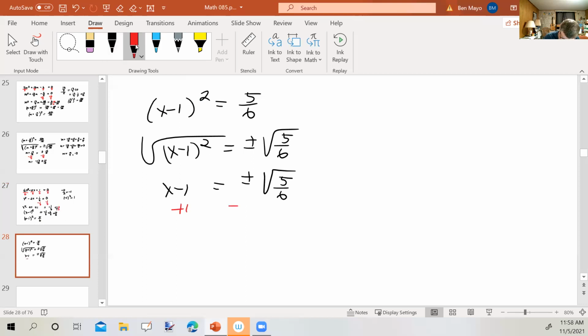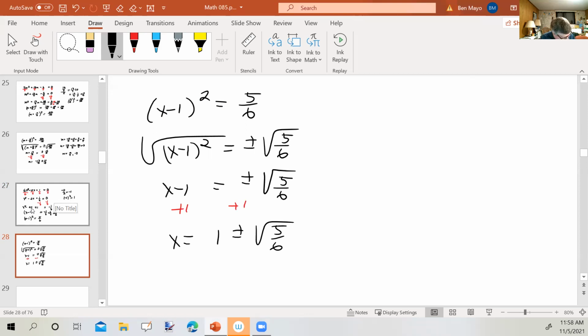I'm going to add 1 to both sides of the equation. x equals 1 plus or minus the square root of 5/6. Okay, let's see here. Where did I get this from? This one here.